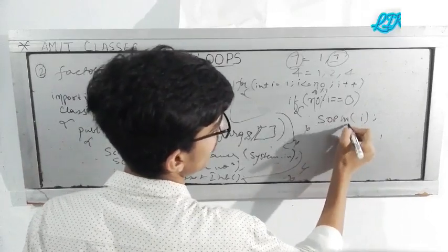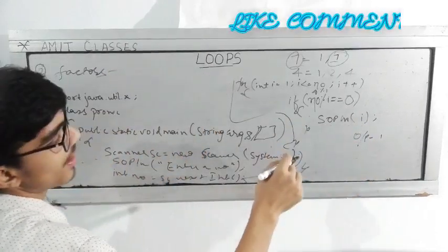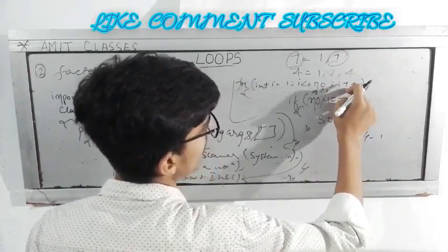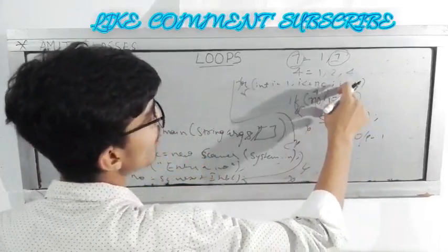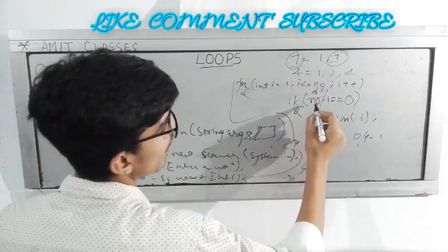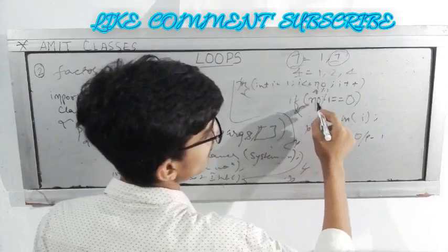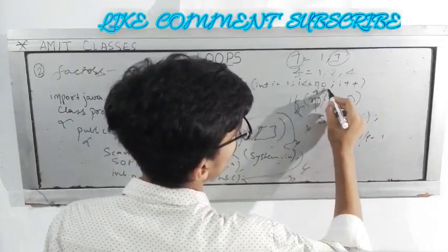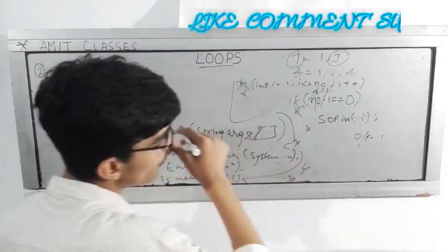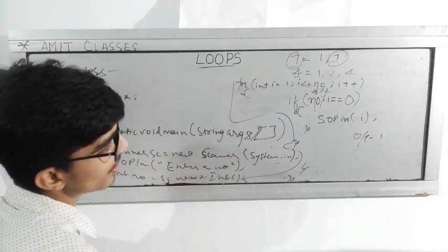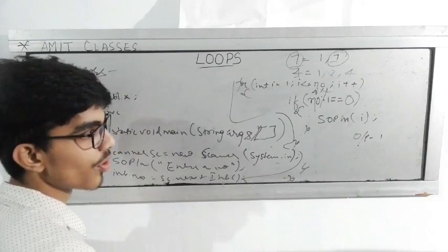After this execution, it will go i plus plus, so i is equal to 2. Now 2 is less than or equal to number 4, yes. And now 4 mod 2. If we divide 4 by 2, the remainder will be 0.